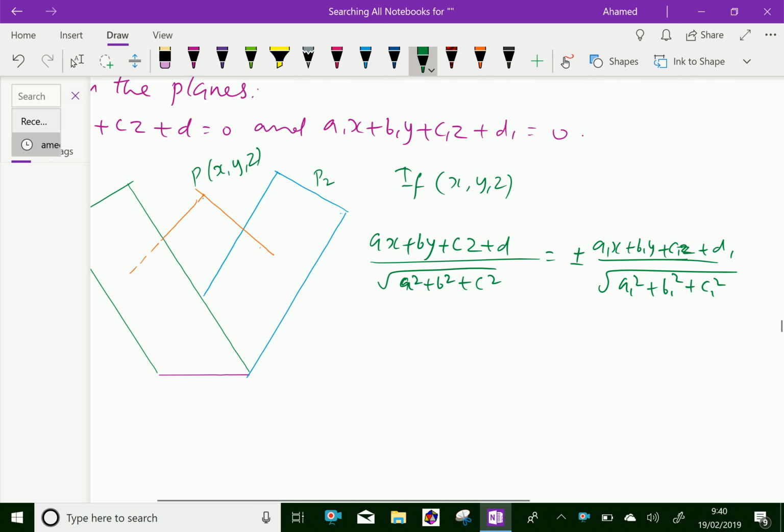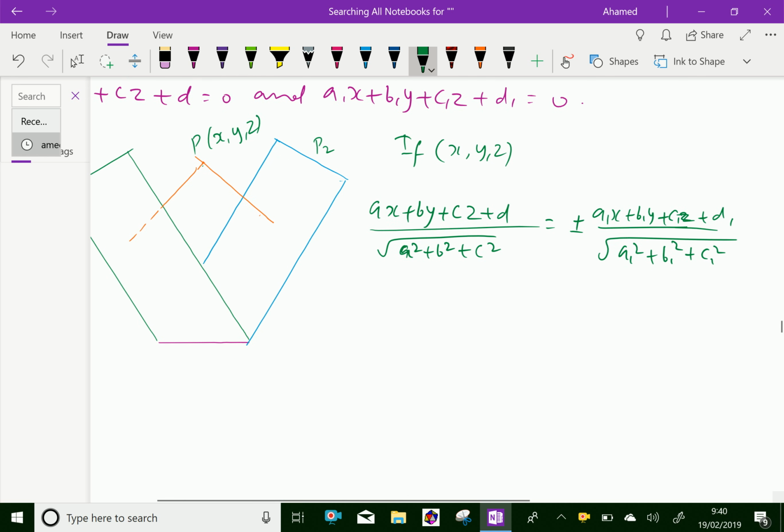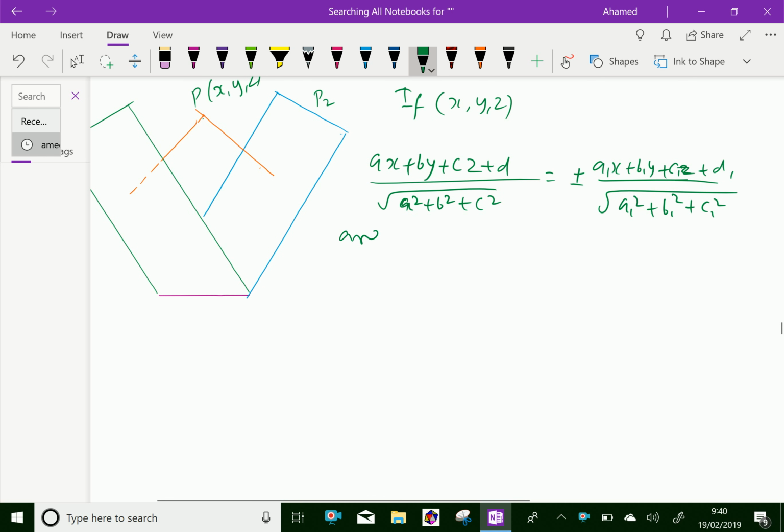These are the equations of the two bisecting planes.